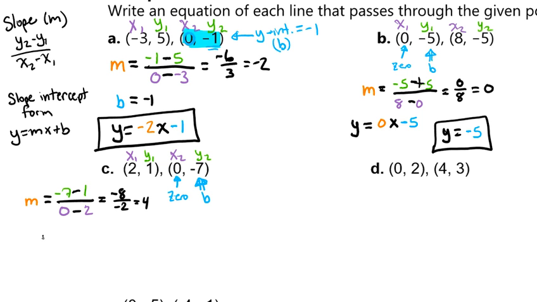So we have y equals m, which is 4, times x, and then our b value is a negative, so negative 7. And we're done.